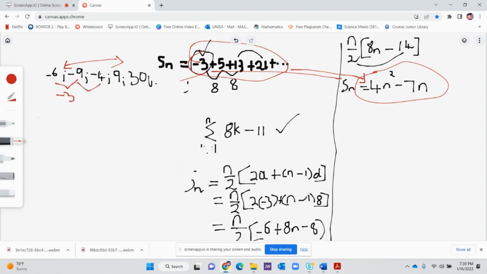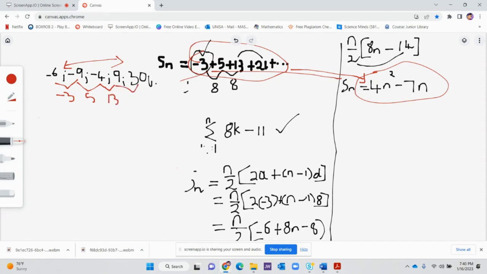Then minus 4 plus 9 will be 5. 9 plus 4 is equal to 13.